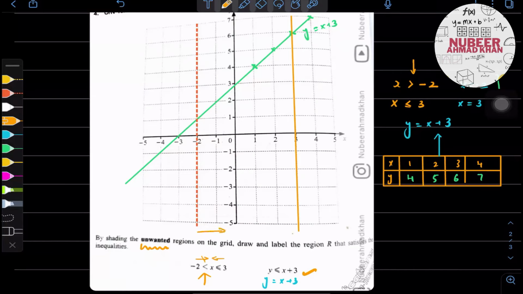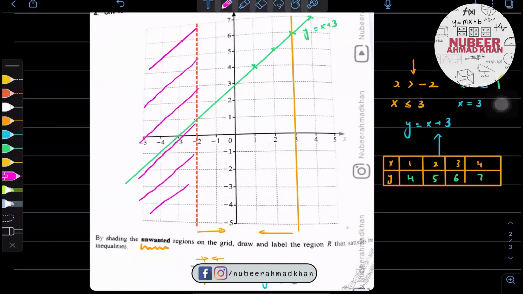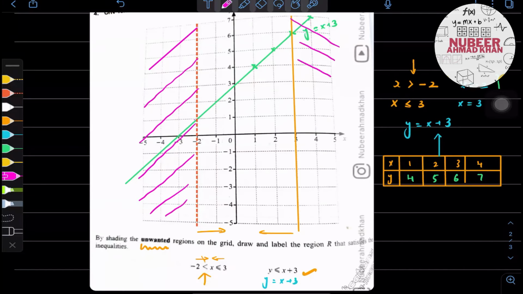Means the region between these is the wanted one. So your unwanted region, that would be the outside region, like this. This is the unwanted region. This side maybe or this side maybe. This is also the unwanted region.